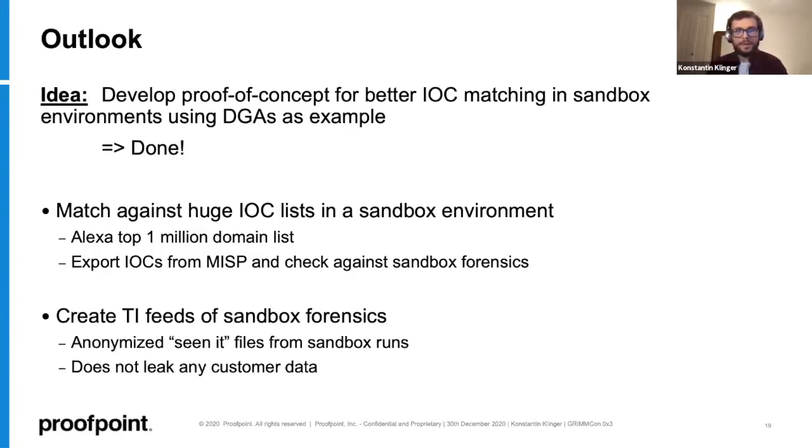Second, we could export IOCs from our MISP instance and then check all sandbox forensics against that list of IOCs, because we have proven that with Bloom filters, we can match really quickly in sandbox environments huge numbers of IOCs, and it scales. So this works.